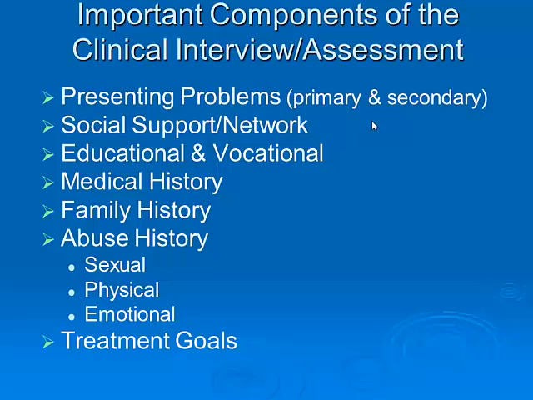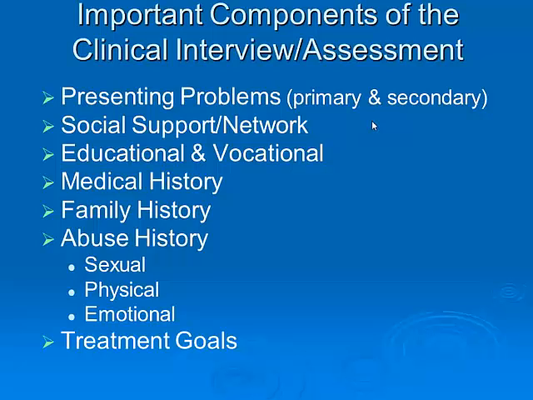So whenever you work with clients, these are the myriad components that you must take into consideration when working with clients, meeting with them, interviewing them, and conducting a clinical interview or assessment.